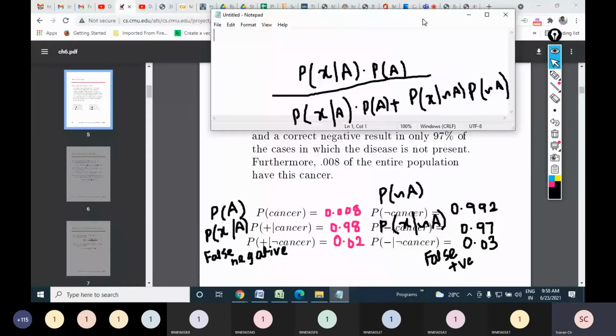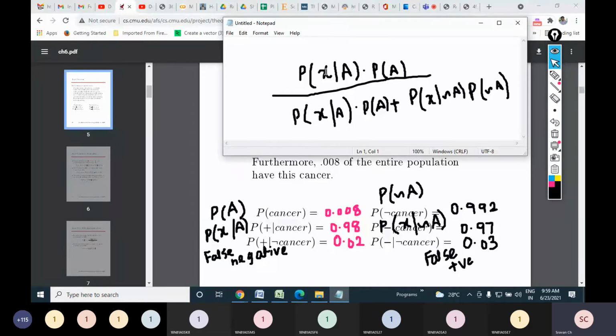So what is P of x by A? P of x by A is 0.98. So it will be 0.98 into what is P of A? 0.008. So I'll just erase this one. I can write P of x by A is 0.98 into 0.008, right?